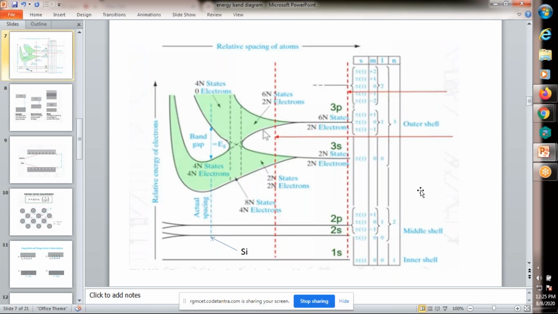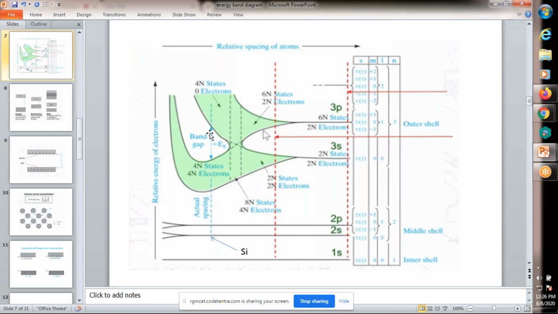Remember this. The conclusion here is that as interatomic spacing reduces in solids, all outermost shell energy levels form a single band at equilibrium. Again, that band is divided into two separate bands, valency band and conduction band, separated by a band gap energy.